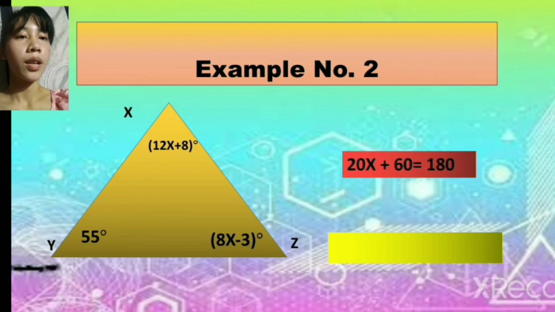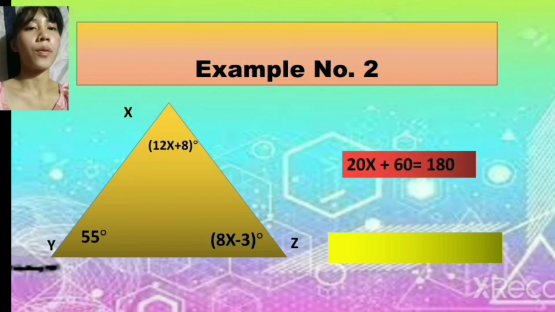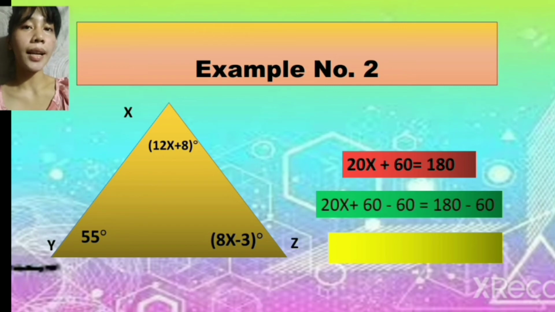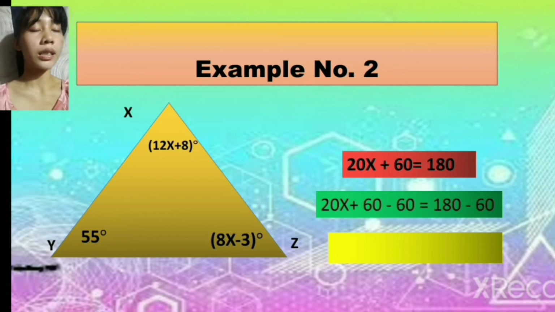In doing that, just combine those terms, right? So we have 20x plus 60 is equals to 180 degrees. And then after that, by using additive inverse, we add negative 60 to both sides. So we have 20x plus 60 minus 60 is equals to 180 minus 60 degrees.